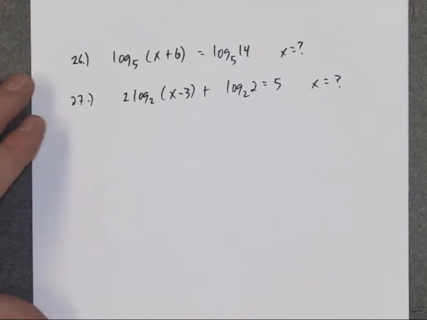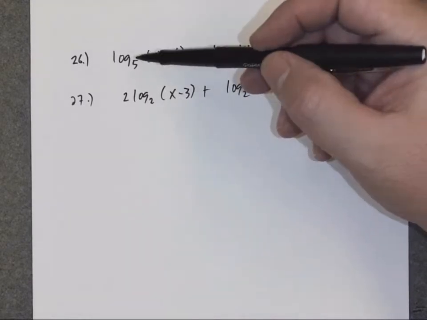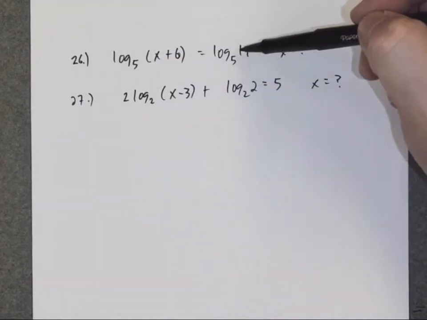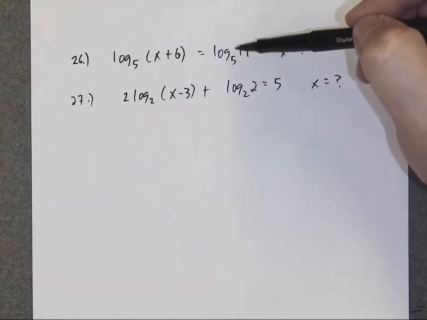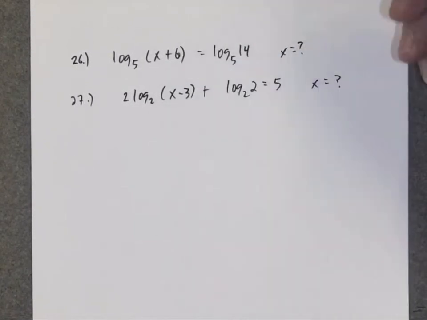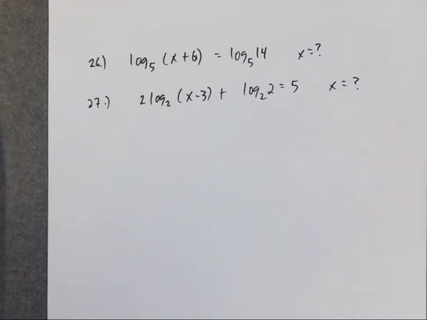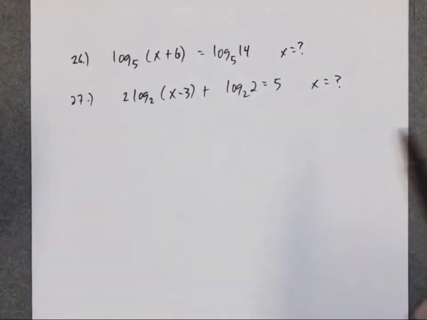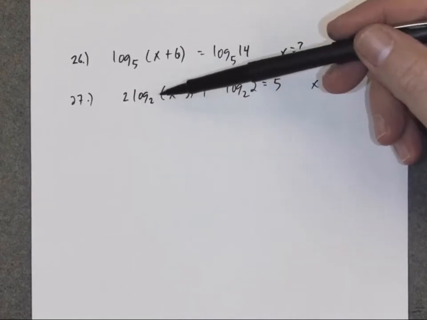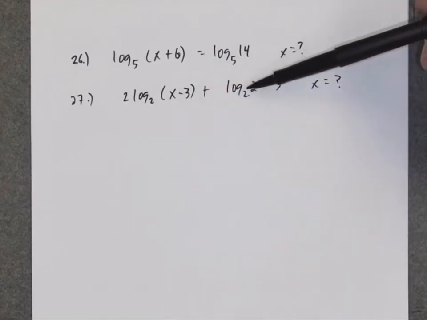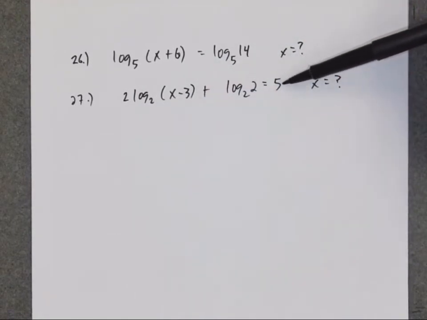So these are both equations with log terms. You notice 26, log term equals a log term. So 26 is just two log terms on opposite sides of the equal sign. And when I go to 27, I have a log term plus a log term equals a number.